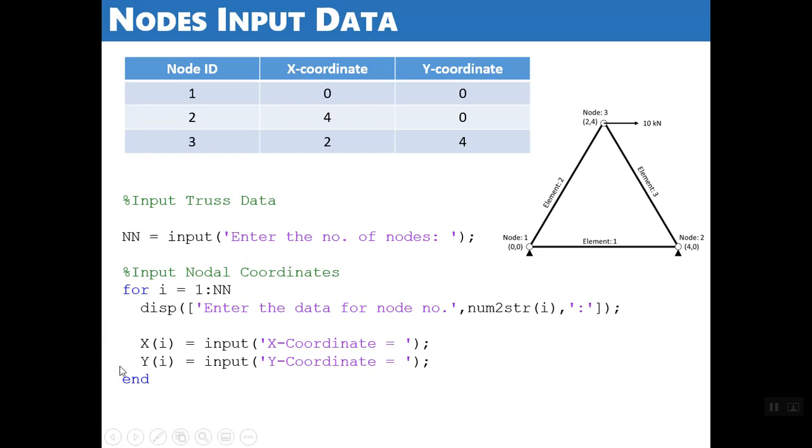Later on we will use a for loop starting from 1 going up to the number of nodes in the truss, and for each node we will demand x coordinate and y coordinate. In this particular case, i, the index, will act as the node number. x and y are two arrays that will store the x coordinate and y coordinate of the nodes.